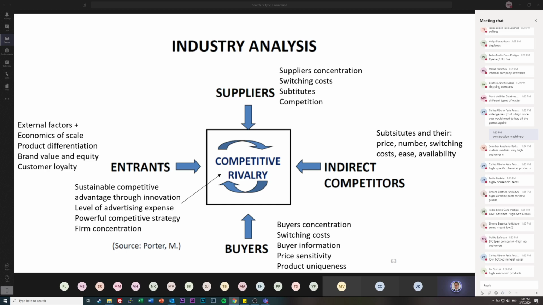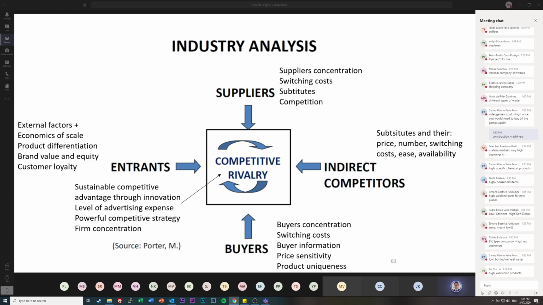So the competitive rivalry describes the situation where we have more companies producing the same products, doing everything the same, but what could be the points of difference? If one innovates more, the higher is the competitive rivalry. If one invests more in advertising, if one has a more competitive strategy, for instance, they diversify the inputs for the company.